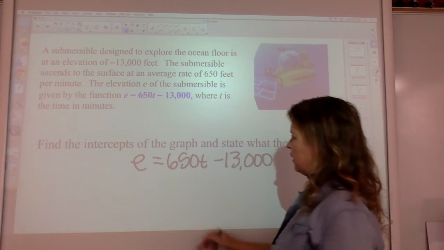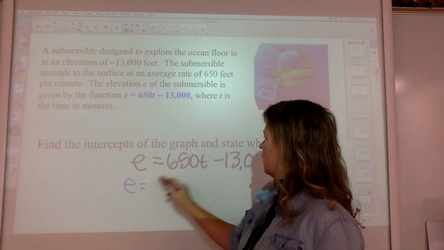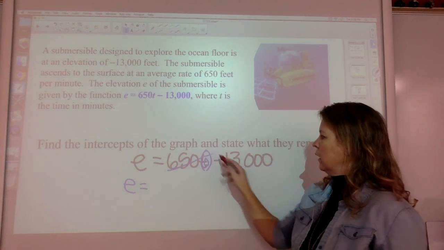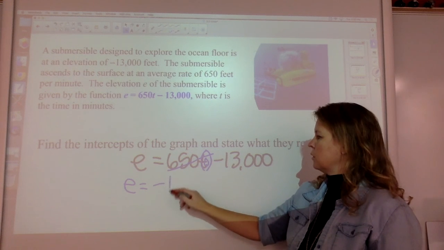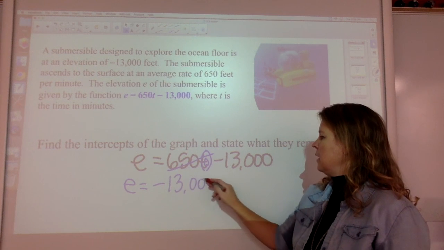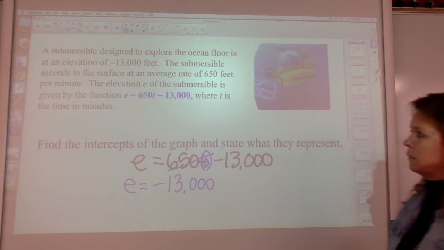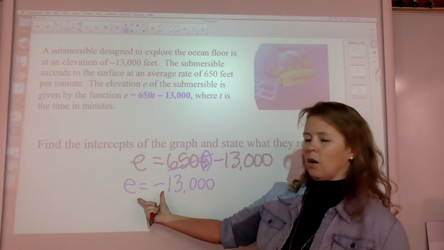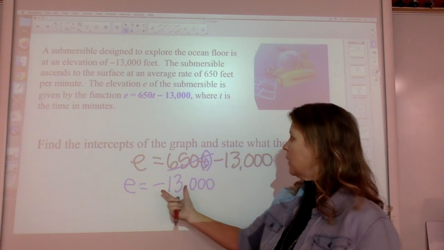Let's find the E-intercept first. If we turn t into a 0, that's all gone. And we have a nice no-step solving problem. E equals negative 13,000. And we can leave it like this. We're not graphing it, so we don't have to put it as 0, anything.